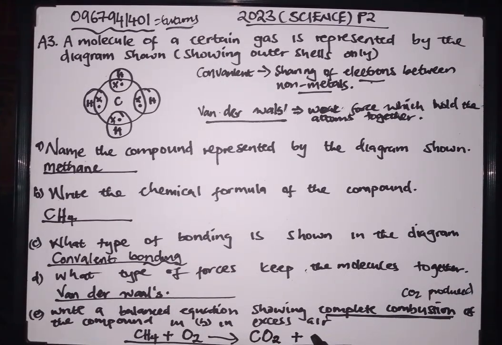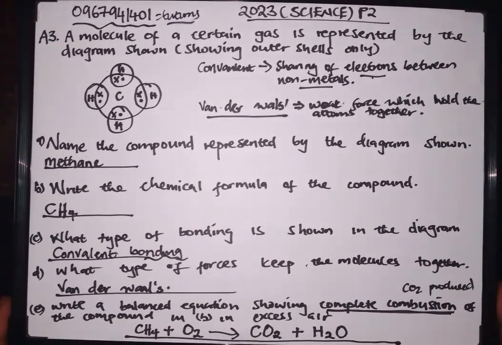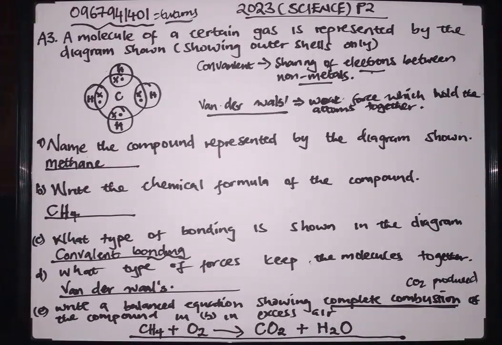Then the other is water. Remember, there are only two products in complete combustion: carbon dioxide and water. Now we have written the equation, but we haven't balanced it yet.